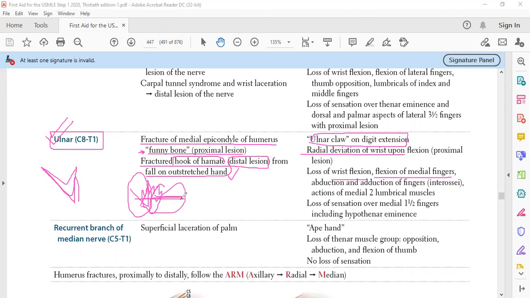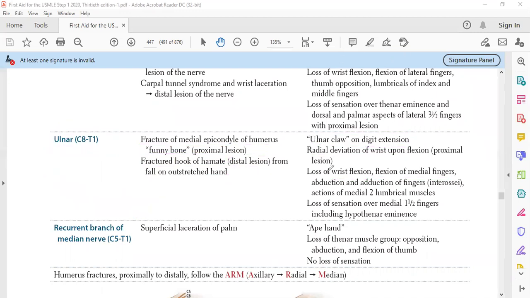This is the medial side, supplied by the ulnar. So loss of wrist flexion, flexion of medial fingers. Then we have loss of abduction and adduction of fingers, the interossei, and then the action of the medial two lumbrical muscles, and loss of sensation over the medial 1 1/2 fingers, including the hypothenar eminence.